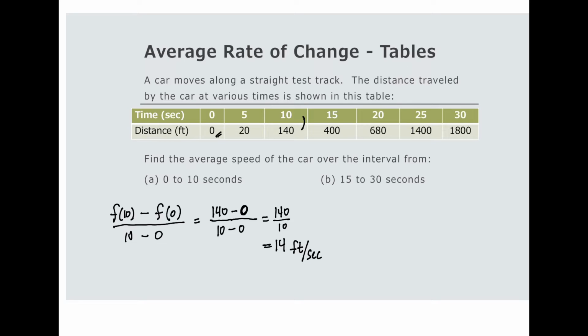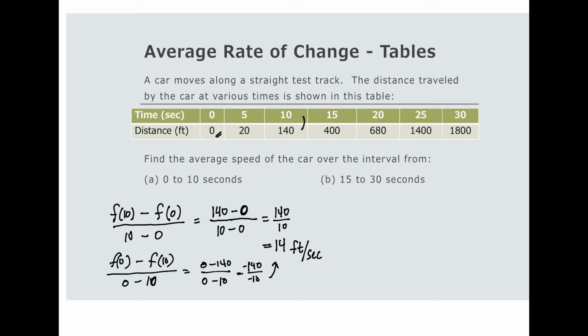For the second one, let's go from 15 to 30. I do want to emphasize, I want to go back here for a second, and show you that had I gone f of 0 minus f of 10, and then we have 0 minus 10 on the bottom, I would get 0 minus 140 over 0 minus 10, which is negative 140 over negative 10, which is also 14 feet per second.